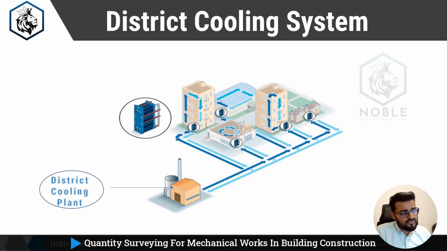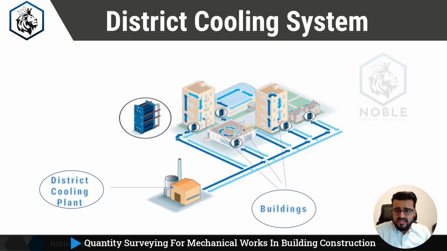So in this one district, there can be 2 buildings, 3 buildings, 10 buildings, or more than 100 buildings also. Based on that, one district cooling plant will be located somewhere in the remote area, which will generate only chilled water, and it will supply the chilled water to these buildings.